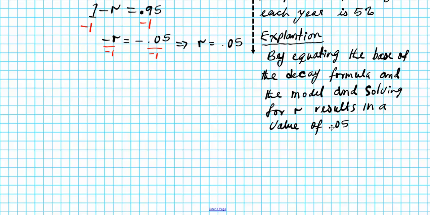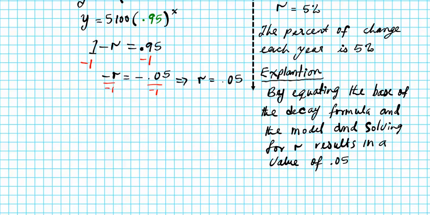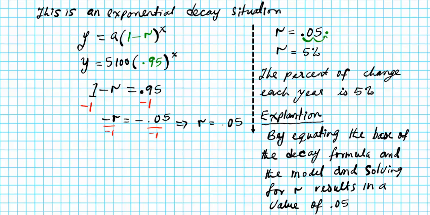0.05. So what I'm saying here is we equated the formula. So this is a formula right here. And the model is basically what we were given in the problem, the decay model. So by equating the bases of the decay formula and the model, so let's be more specific.